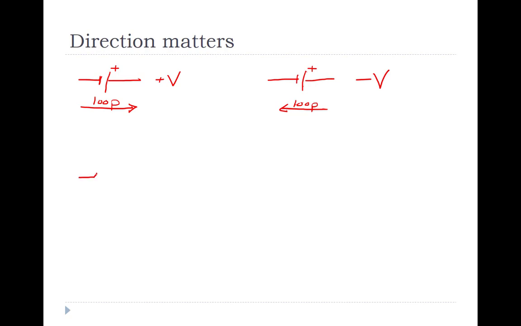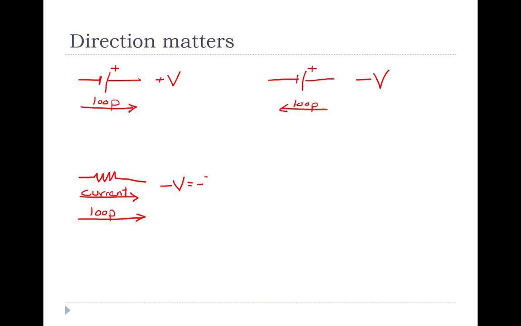With resistors, you have a similar sort of rule. What you need to compare here is the direction of the current flowing through the resistor to the direction of the loop. And if those two things are in the same direction, then that resistor is using energy, so you add a negative voltage.